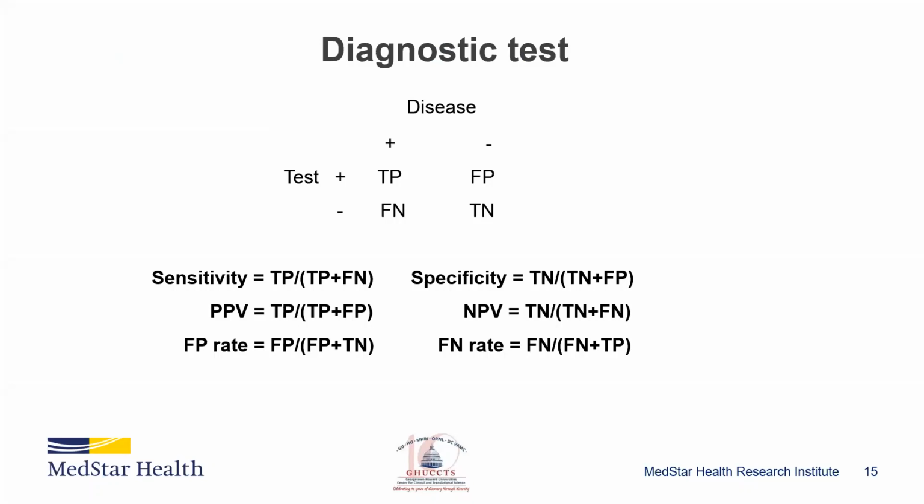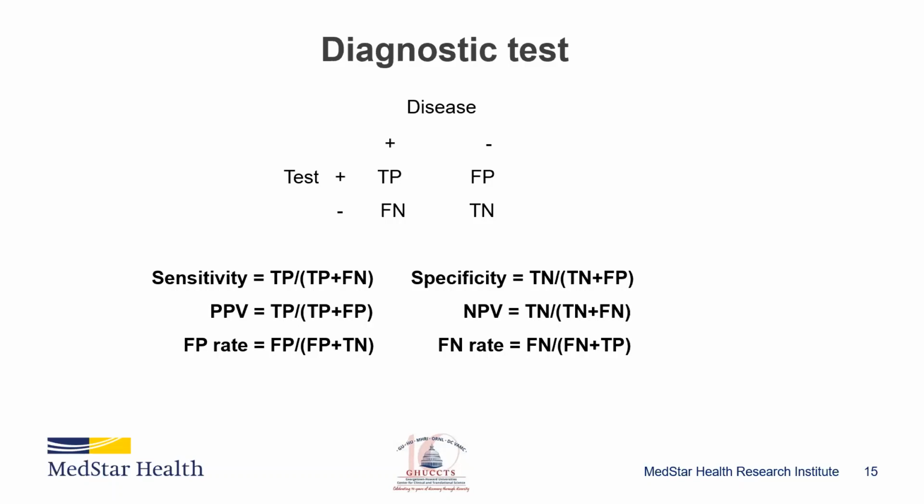That's called true positives. And then the second cell here, where you test positive, but you actually don't have the disease, that's called a false positive. And then where you have a negative test, but you actually have the disease, that's referred to as a false negative. And then the last one, obviously, where you have a negative test and you don't have the disease, then you're a true negative.